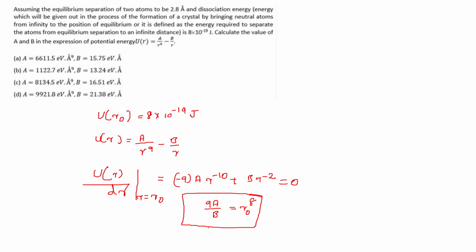So we have got the relation between A and B. So we have now already the relation, we'll substitute the R0 value.